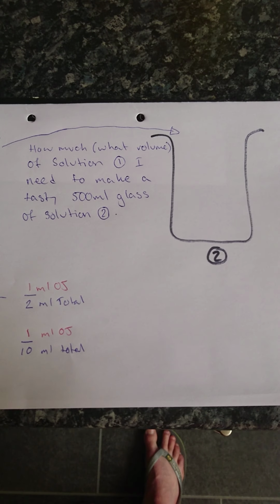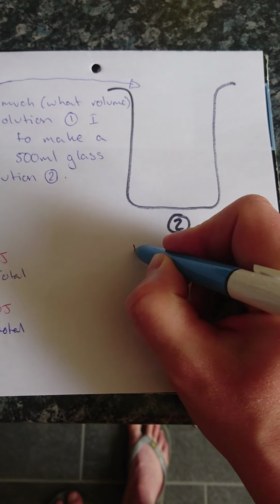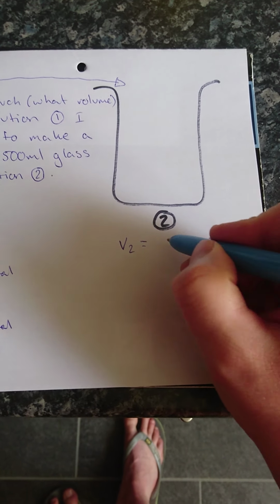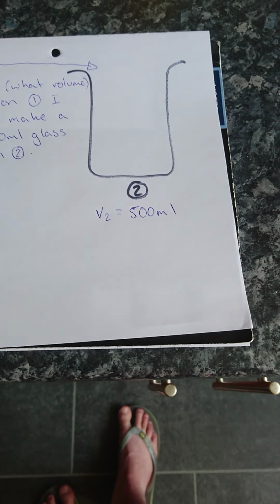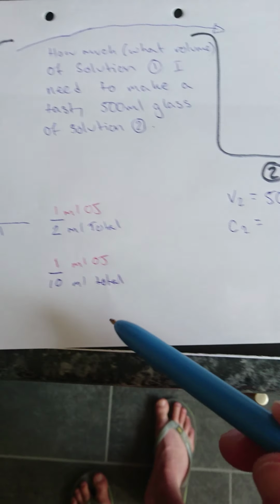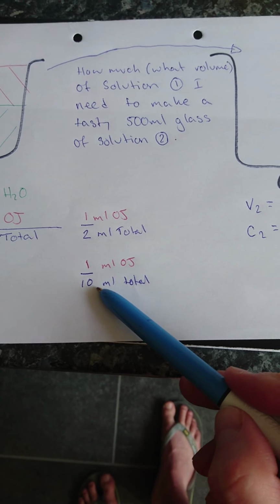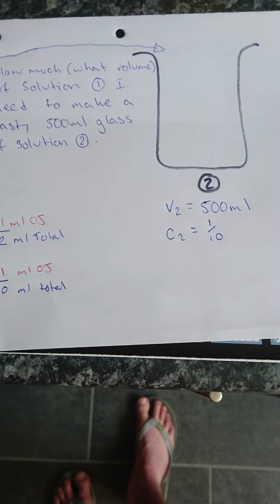So what do we know about the volume of 2? The volume of 2 that we're going to be left with is going to be 500 milliliters. And the concentration of 2 is going to be the concentration that's recommended on the bottle, so that's going to be 1 in 10.